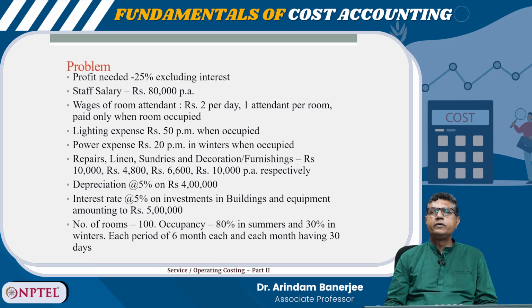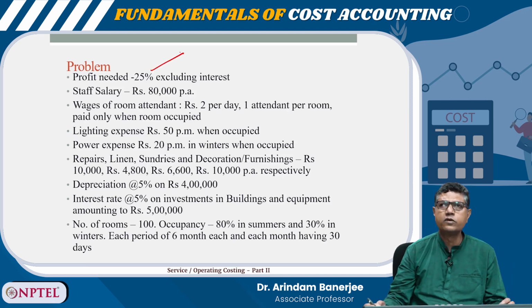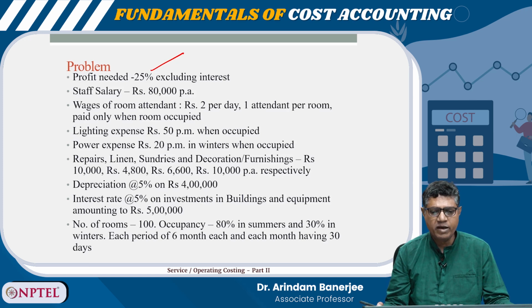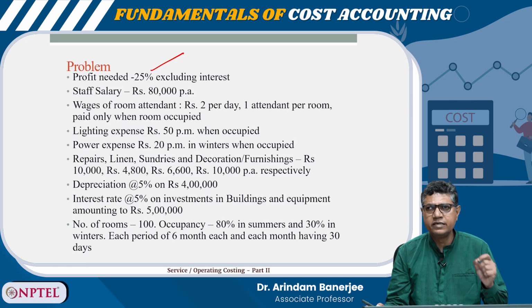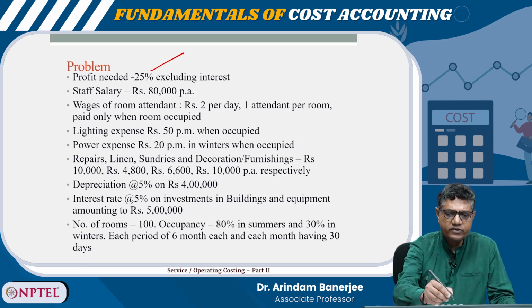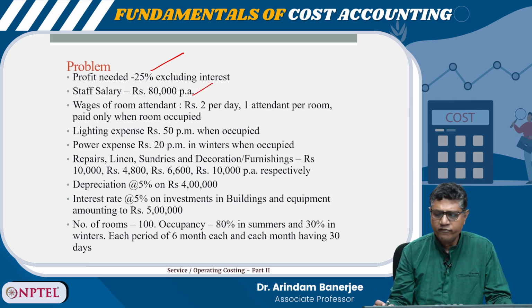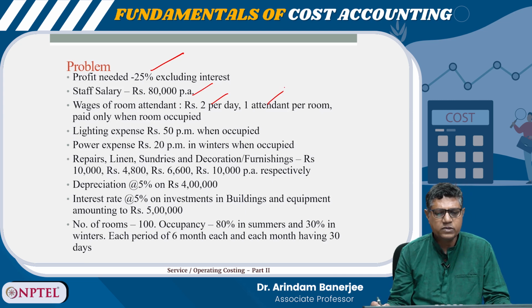Okay. So here is one problem. The specific information given here: first is profit needed, that is 25% excluding interest. Staff salary 80,000. Wages of room attendant 2 per day, 1 attendant per room.